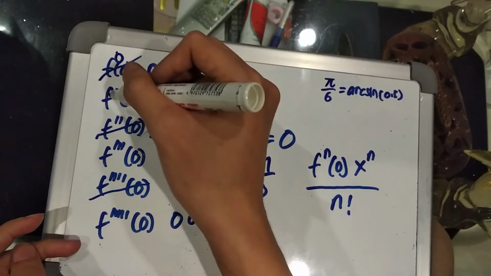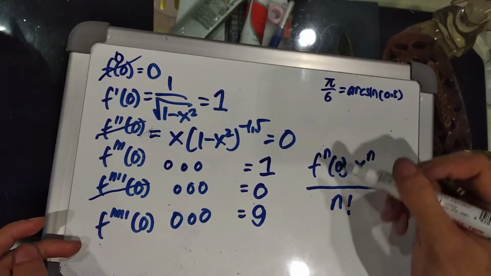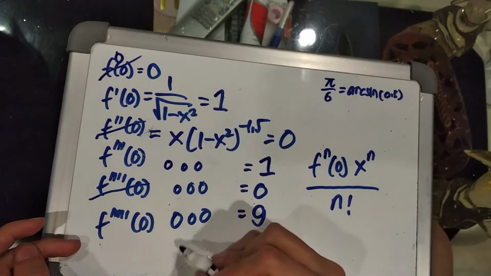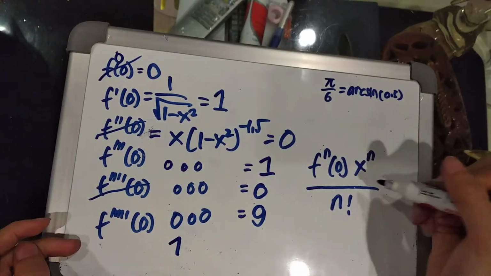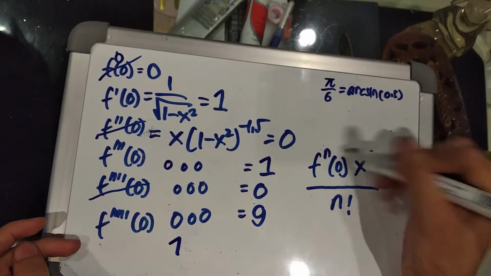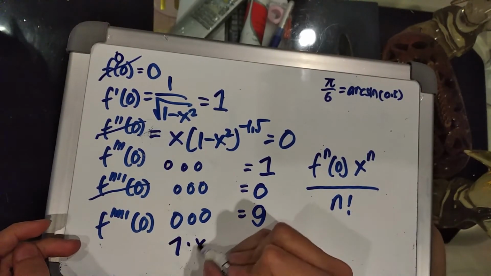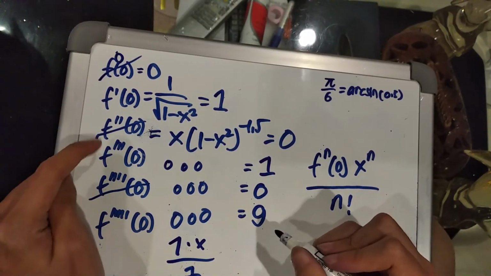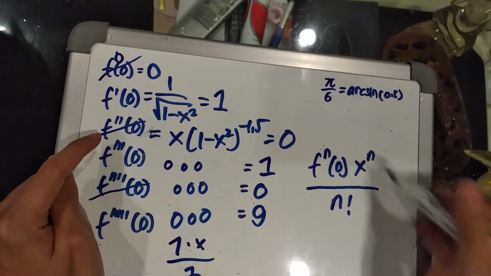We start with the first derivative. We have f prime of 0, which we calculated is equal to 1, and we multiply that by x to the 1. That's just 1 multiplied by x over 1 factorial, and we skip the second one because that will just result in a 0 for the next term.